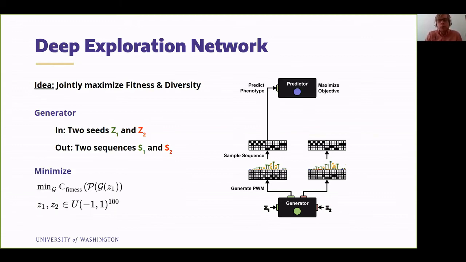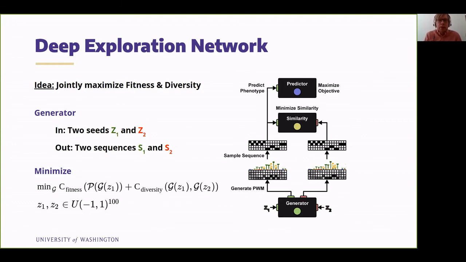We then take one of these two sequence samples and feed it to the fitness predictor, allowing us to optimize the weights of the generator for maximal fitness. It doesn't actually matter which one of these two sequence samples we feed into the fitness predictor, because they're both generated by the same distribution, right? They're both generated by the generator.